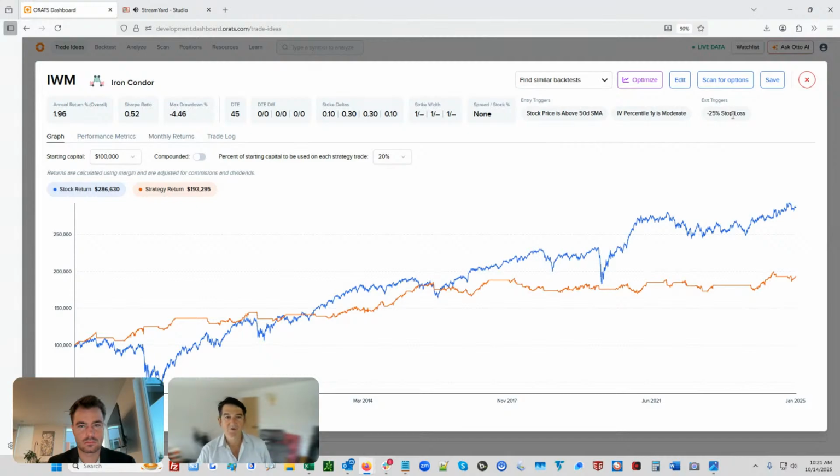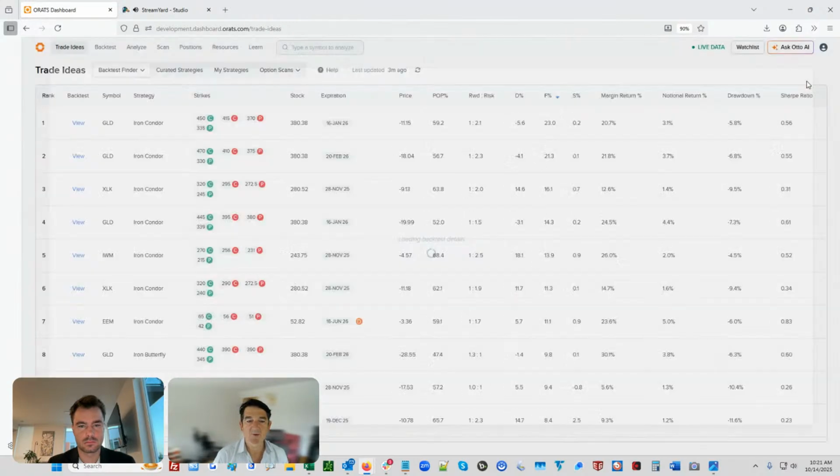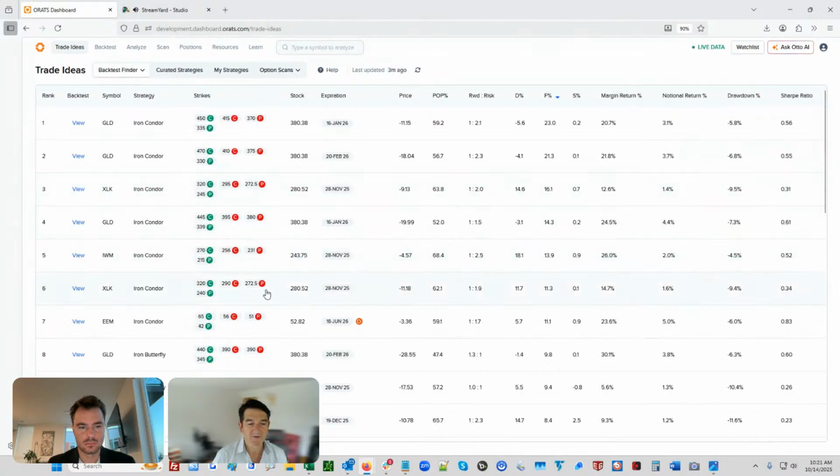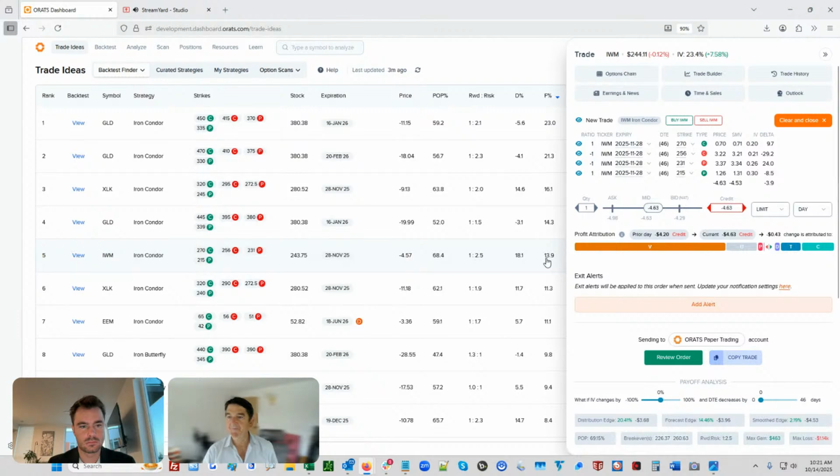It's got a quick trigger. And so this might be one that we'd be interested in, Tyler, the IWM iron condor. Again, there's a little bit of SMV edge to it, which means our smoothing.